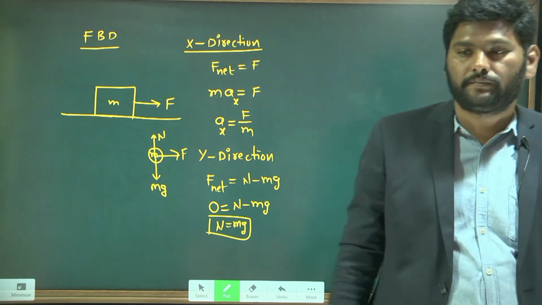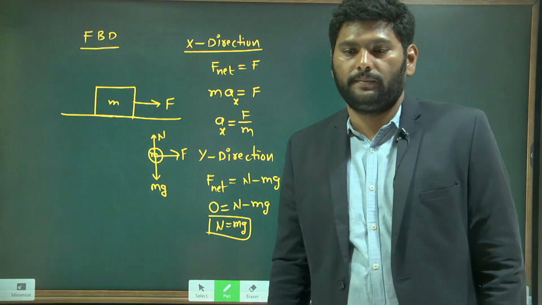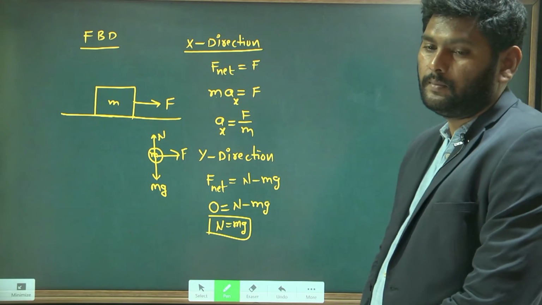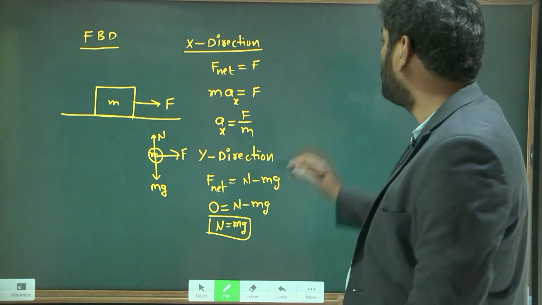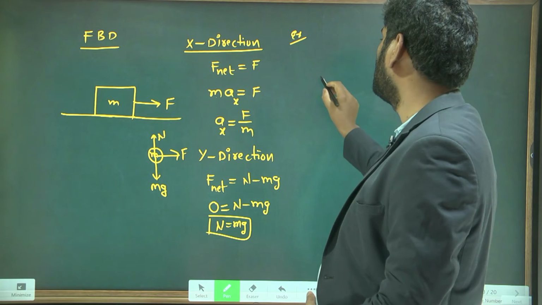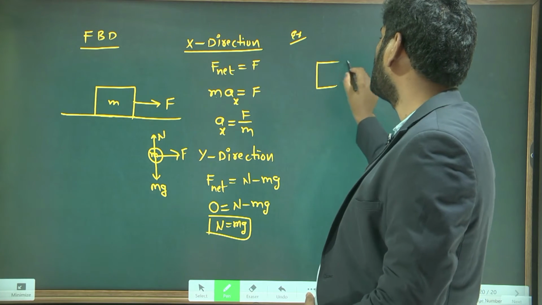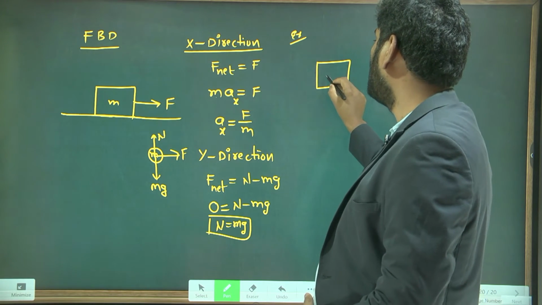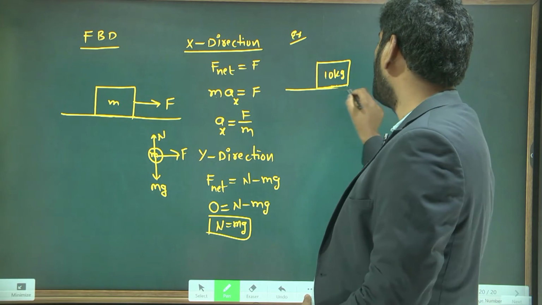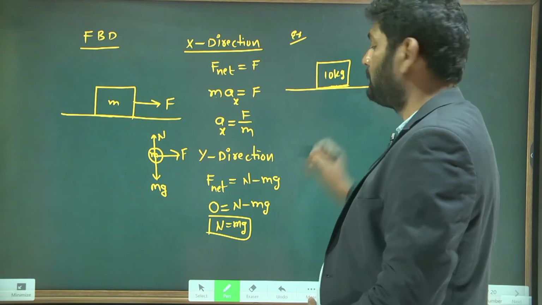Okay? Now, based on this, I'll give one problem. Can I give one problem? Example problem: this is a mass m, let us take a 10 kg mass. This 10 kg mass is on a smooth surface.